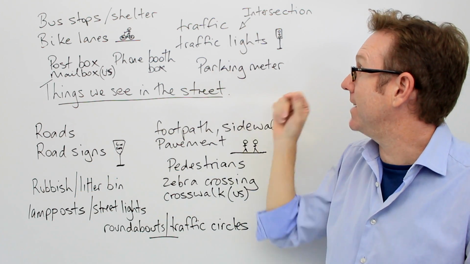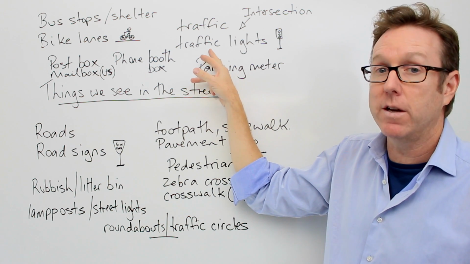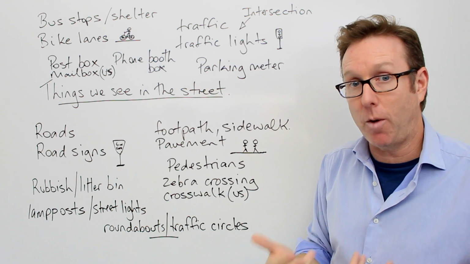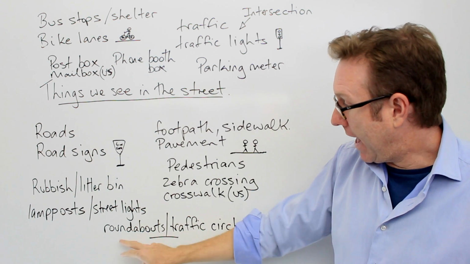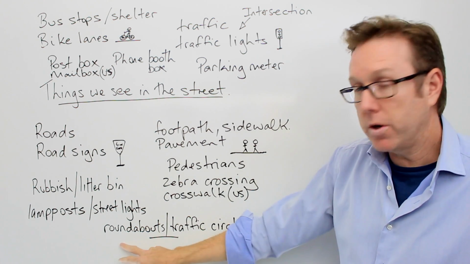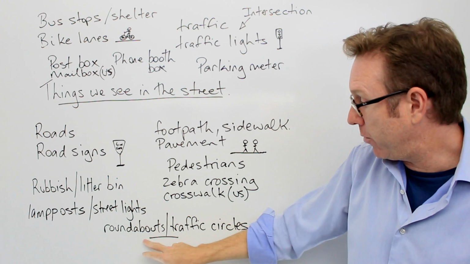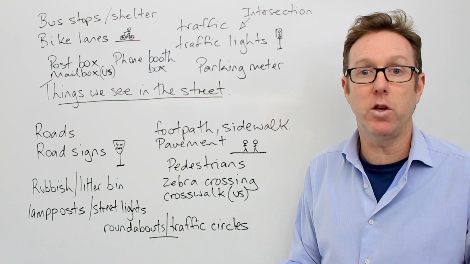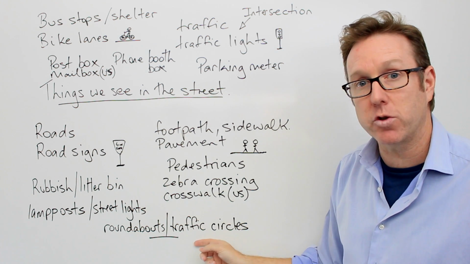That's called an intersection, and intersections can be regulated by traffic lights, or we can also call them stop lights. So traffic lights or stop lights, and also traffic intersections can be regulated with roundabouts or traffic circles, as they're known in the USA. So roundabouts or traffic circles.